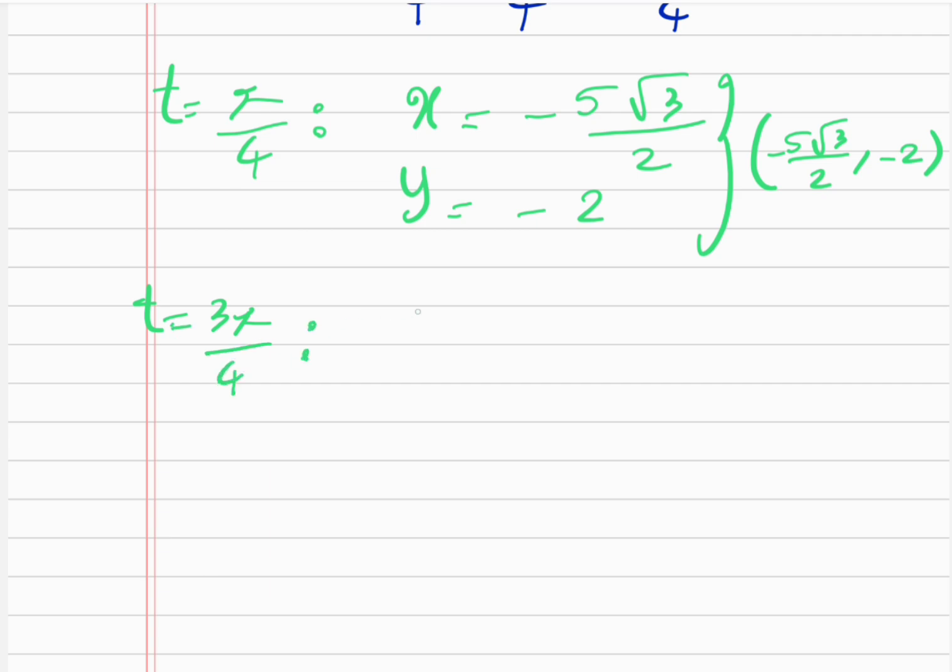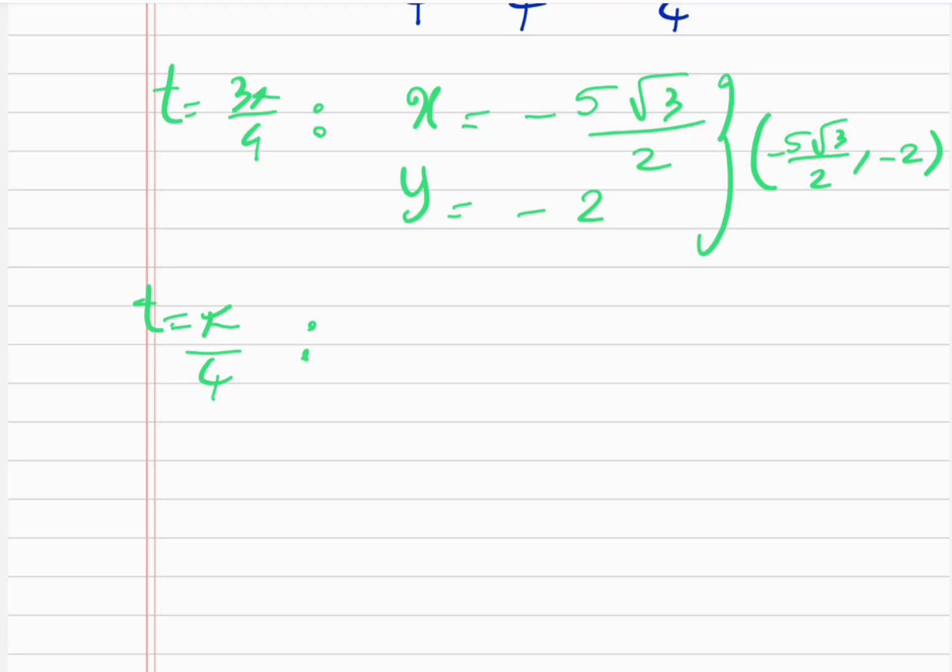Now the next stationary point is when t is equal to 3 pi by 4. I'm sorry guys, I made a mistake here, because these values of x and y that I wrote, we get them when t is equal to 3 pi by 4. Let's see what values we get when t is equal to pi over 4.